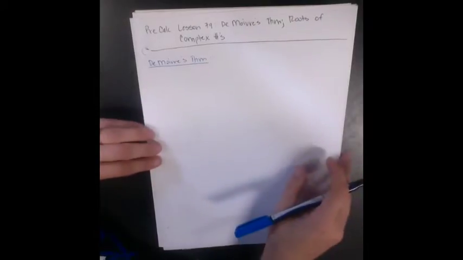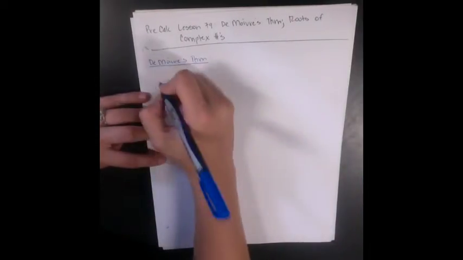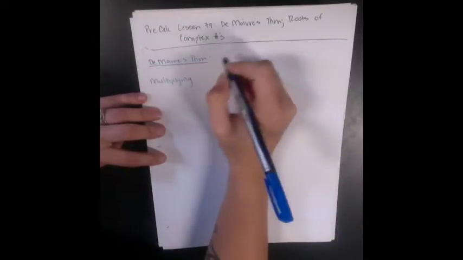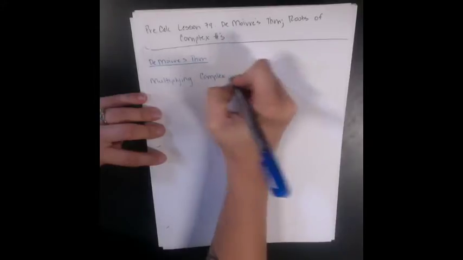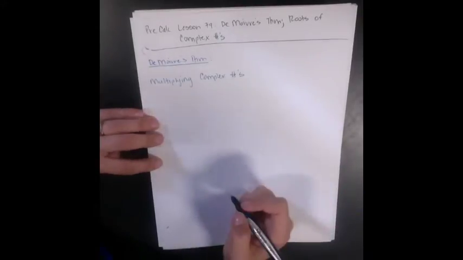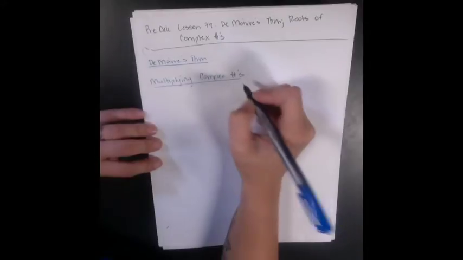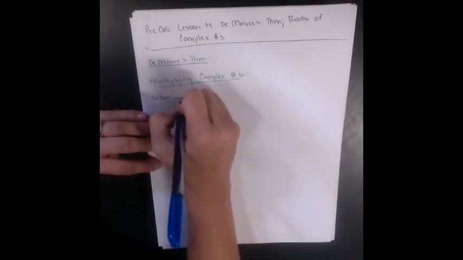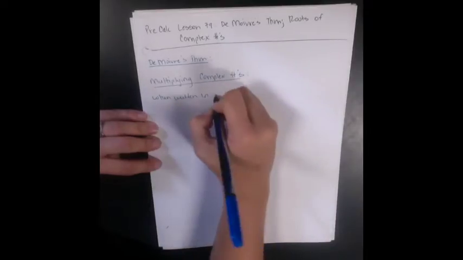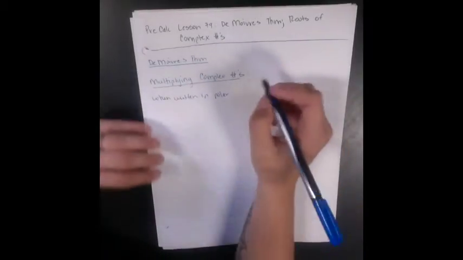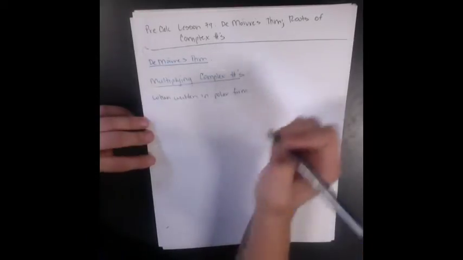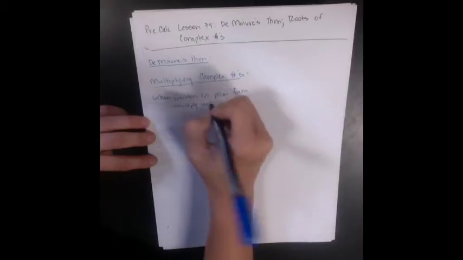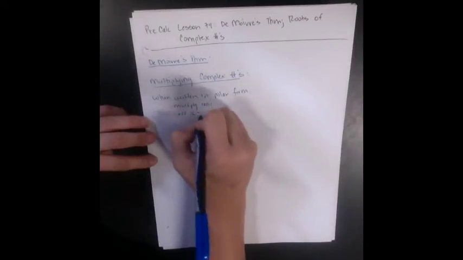So when we're talking about De Moivre's theorem, let's first go back to multiplying complex numbers. If they are written in polar form, then we multiply the radii and add the angles.